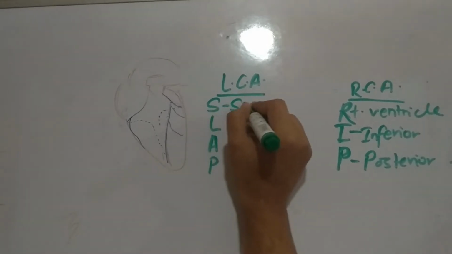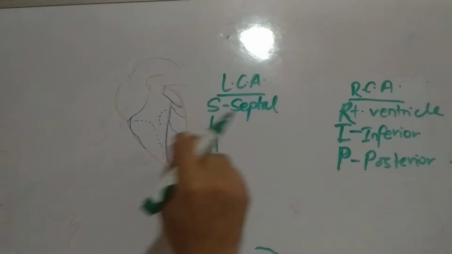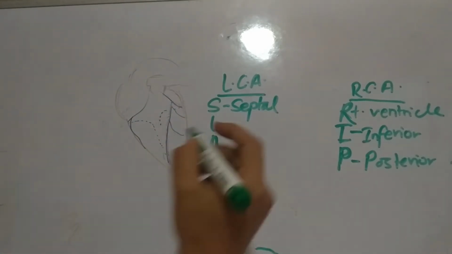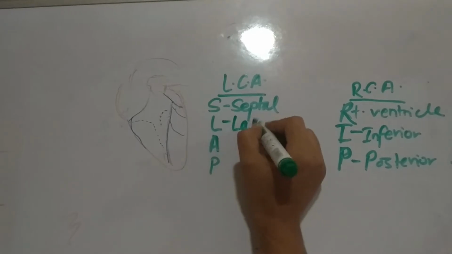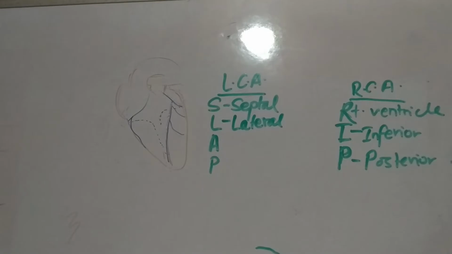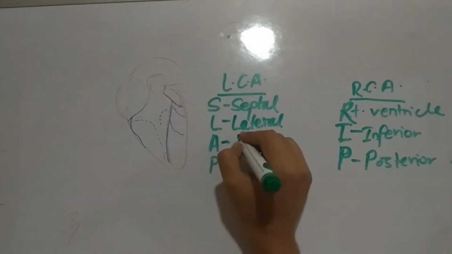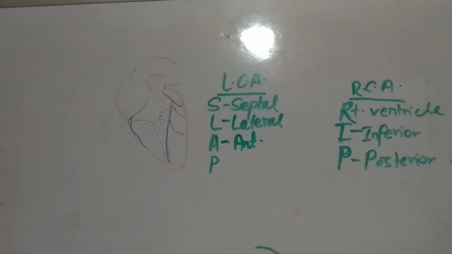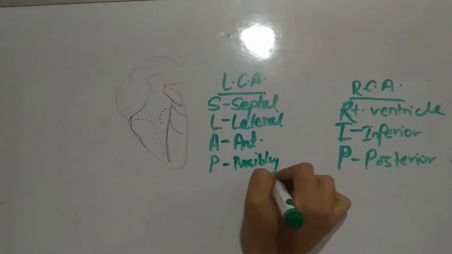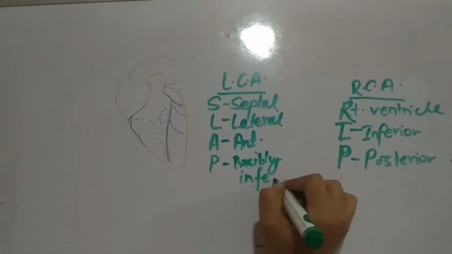S for septal, because as we have already discussed, septal branches are given off from the left anterior descending. L for lateral, meaning this part, the left side. A for anterior, which is mostly the left ventricle, and P for possibly inferior, which is generally very low in number.